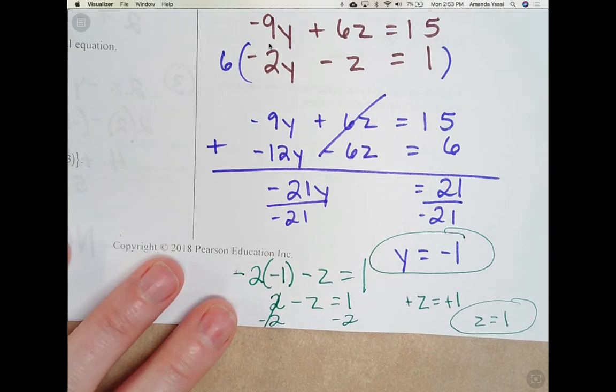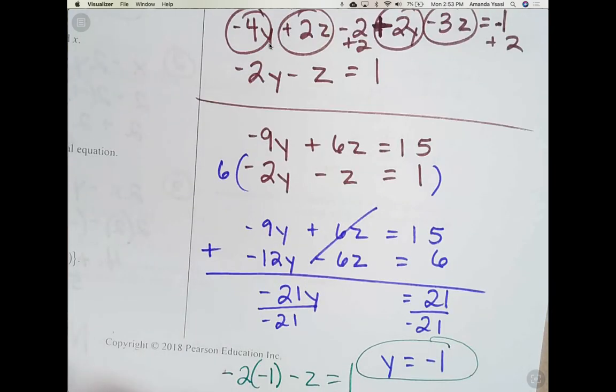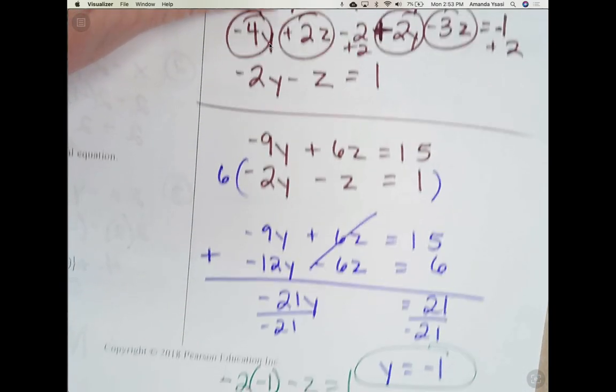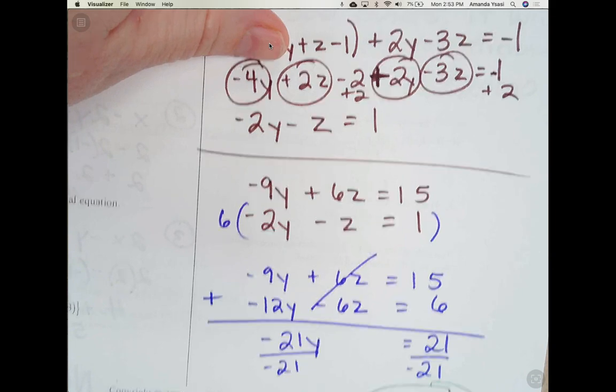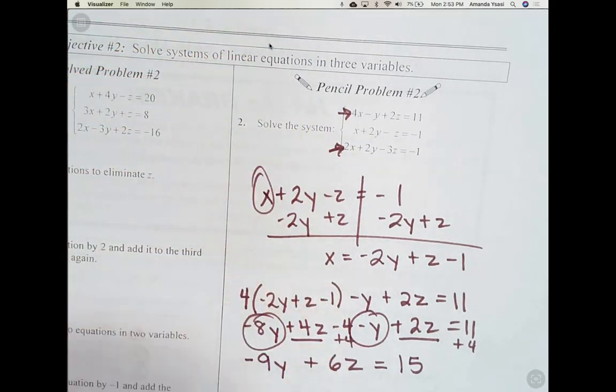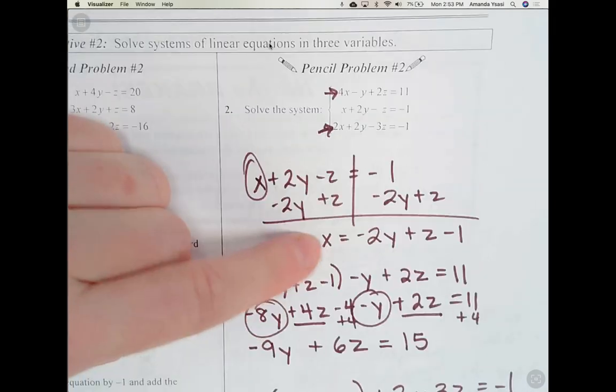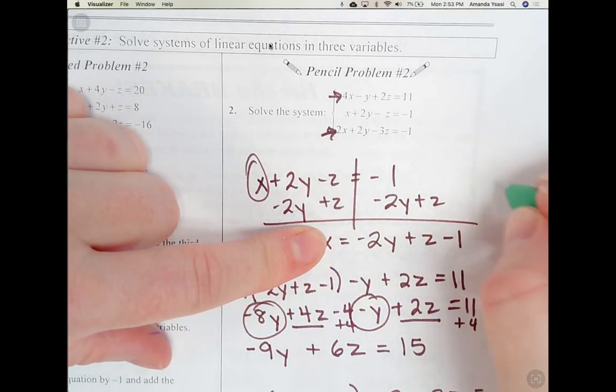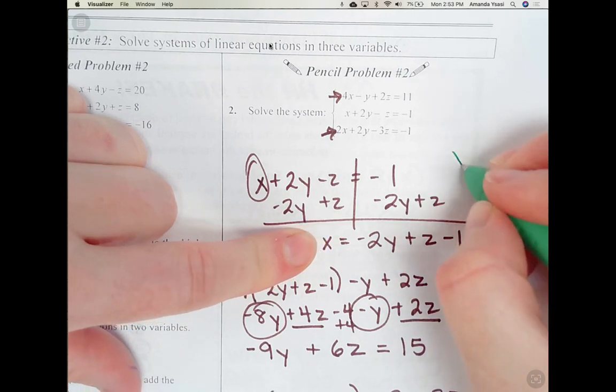Into what? It's hard to hear you. Okay. So which equation do we want to use? Does it matter? Oh, this one, right? Yeah. Okay, good. Forgot about that one.